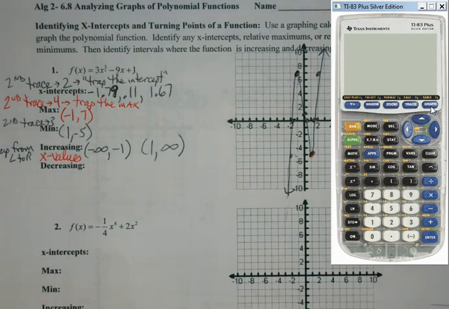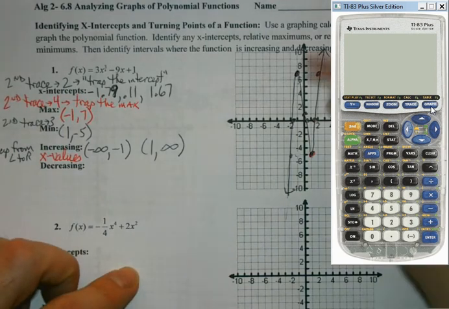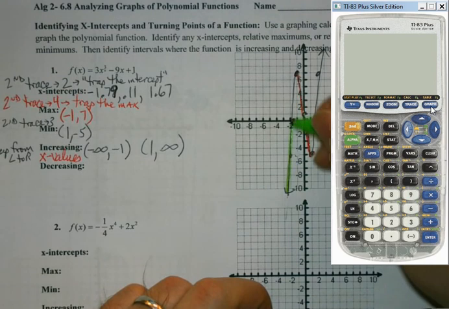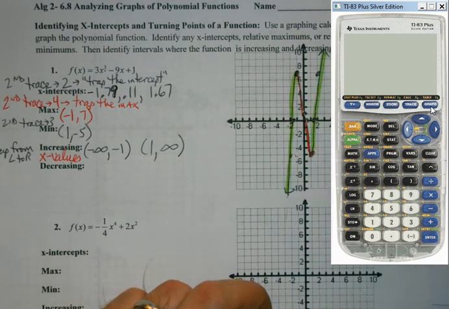So, is there a decreasing? There should be, since we have increasing portions. Here's my decreasing part. We'll kind of mark these off here. I'm like, okay, so I have increasing and increasing.